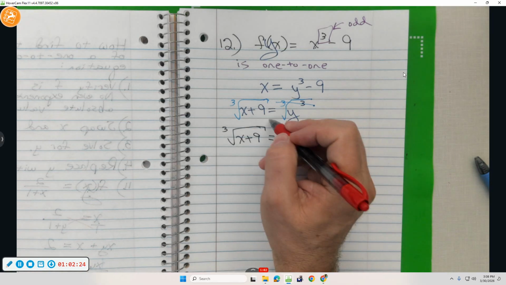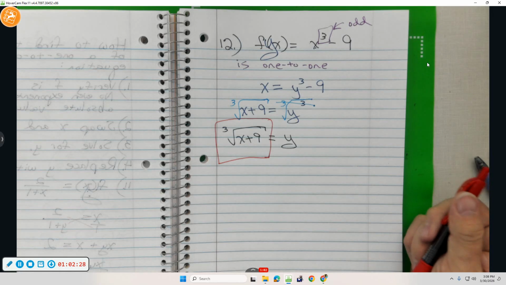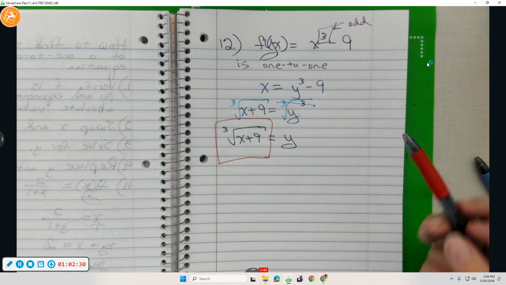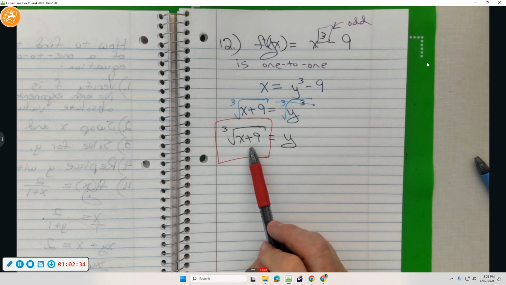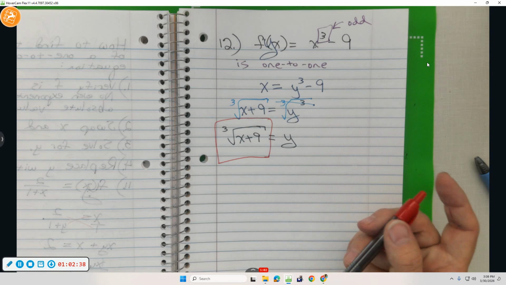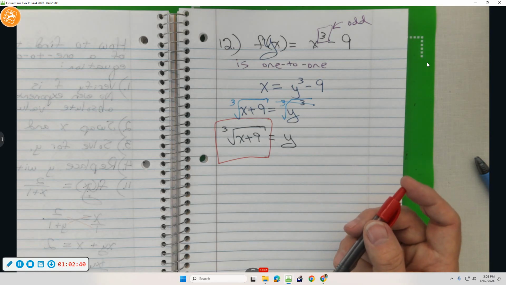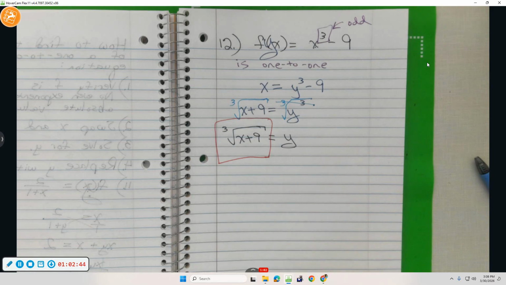We're using inverse functions to find the inverse of the given function. The way they're performed consecutively, they cancel each other out. That's the basic definition of an inverse function.